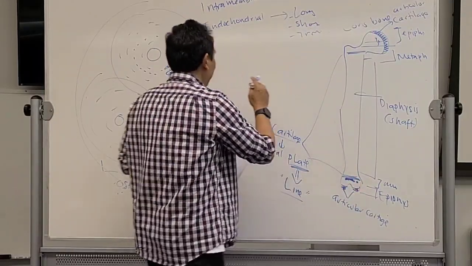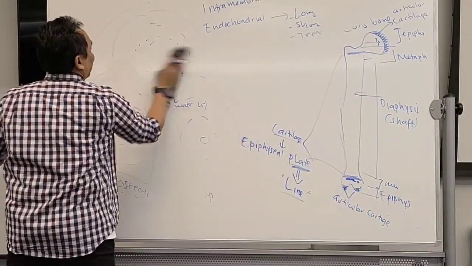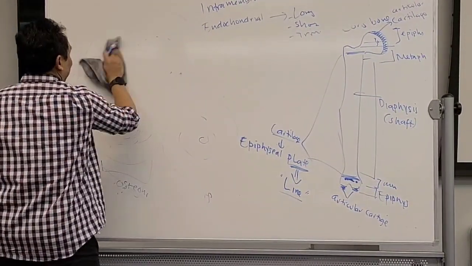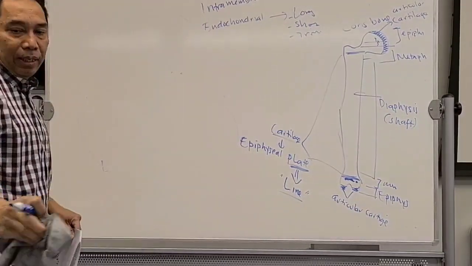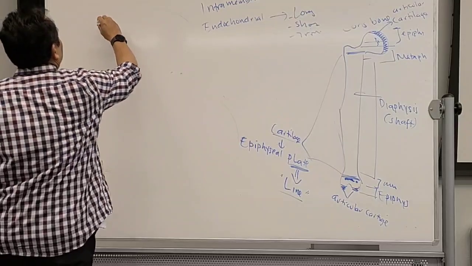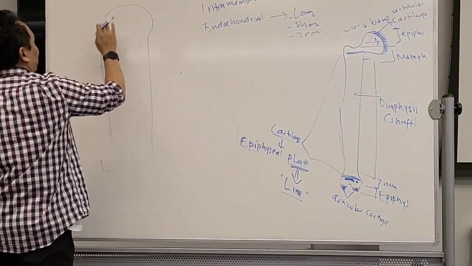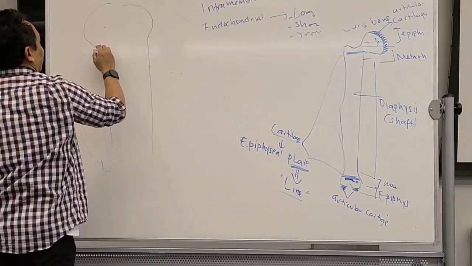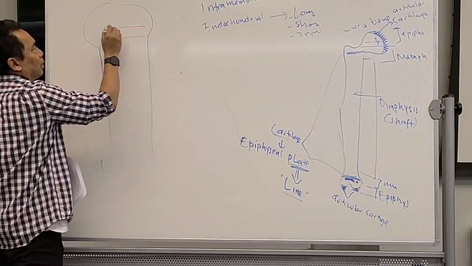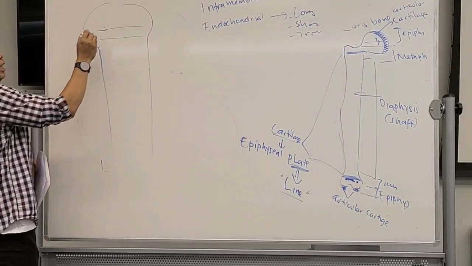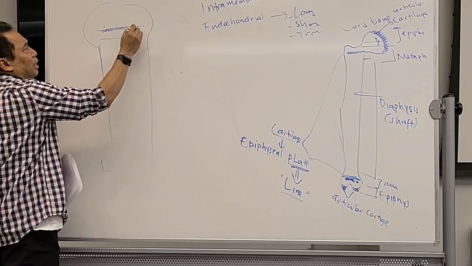I'm going to make it bigger. So you know the process. I can just do one side. Let's say this is one side over here, a bone like this, and then you have the epiphyseal plate over here. You with me? This one over here mostly consists of what we call the resting cartilage.